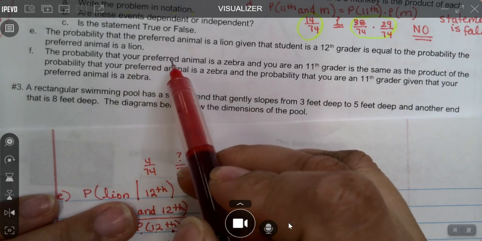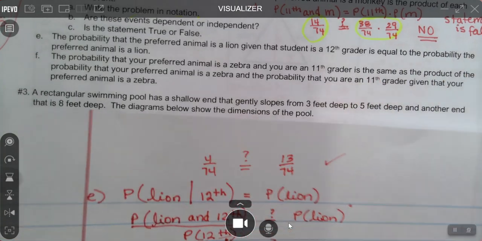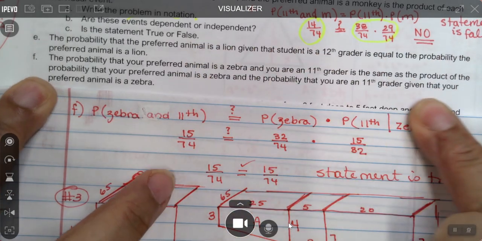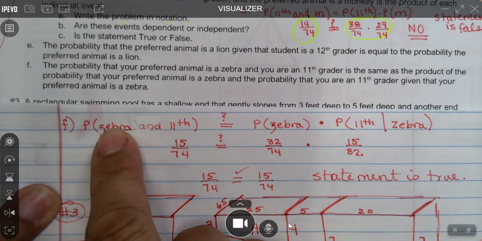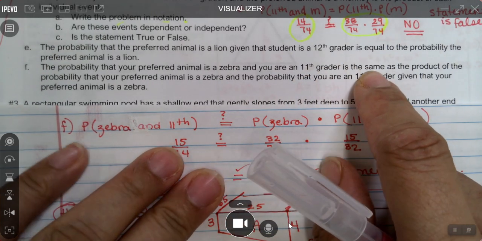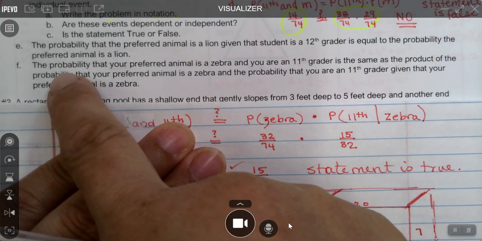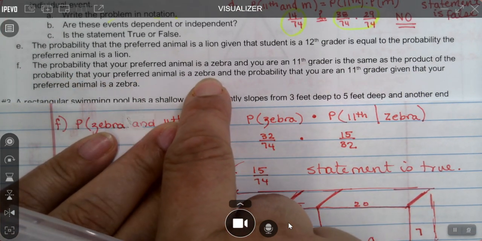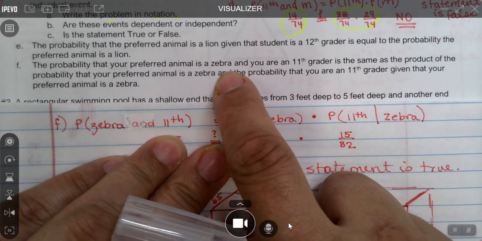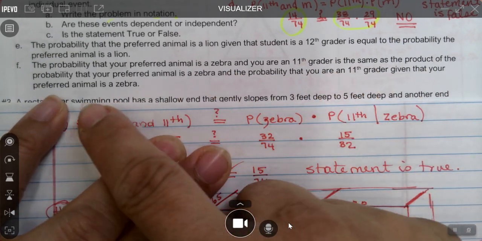The probability that the preferred animal is a zebra and you're an 11th grader. Okay. So the probability preferred animal zebra and that you're an 11th grader is the same as the product of the probability that your preferred animal is a zebra, and the probability that you are an 11th grader given that your preferred animal is a zebra.